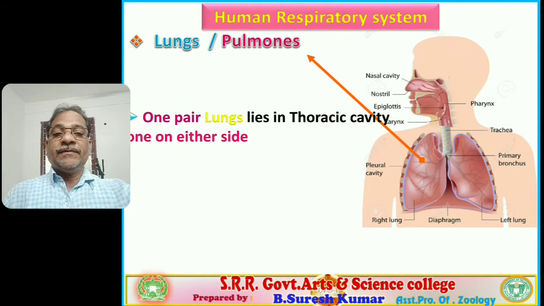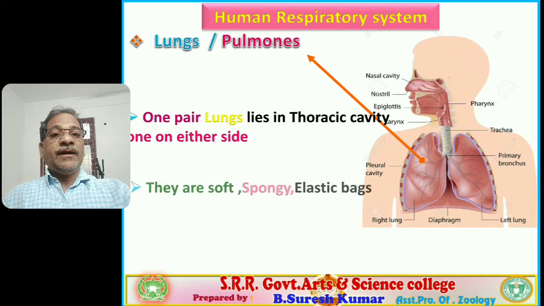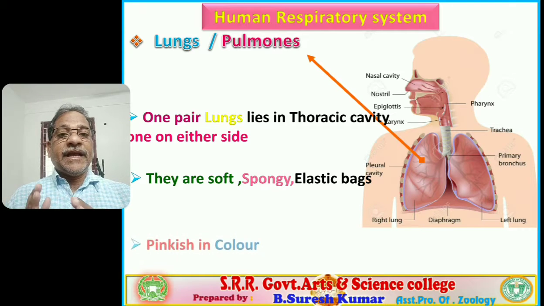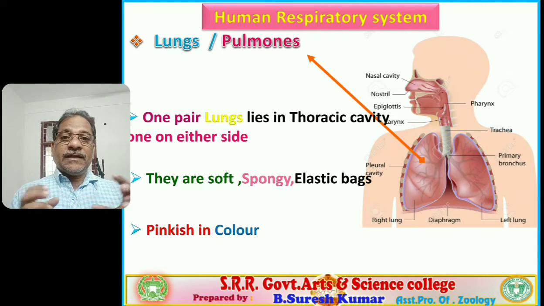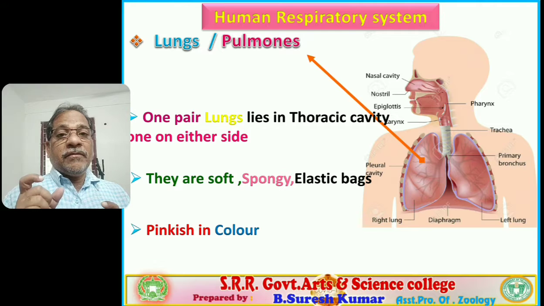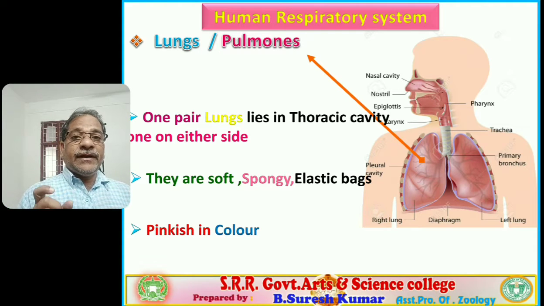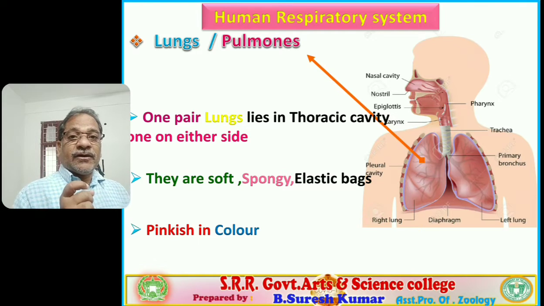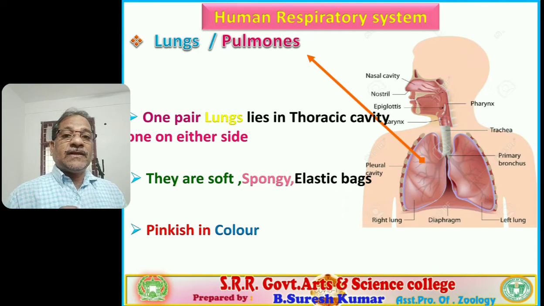One pair of lungs is present in our body, retained in the thoracic cavity, one on either side. These are soft, spongy, elastic bags. They are capable of stretching as well as compressing. Remember the properties and features of every organ; questions based on properties are most important in entrance examination.